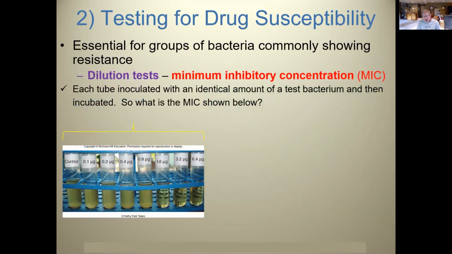Sometimes what we do is we might try to grow the bacteria in broths, to which we add varying concentrations of a given antibiotic. And that's what we have here. We've got 8 different broths which have had bacteria, a particular species of bacteria, inoculated into those 8 broths.